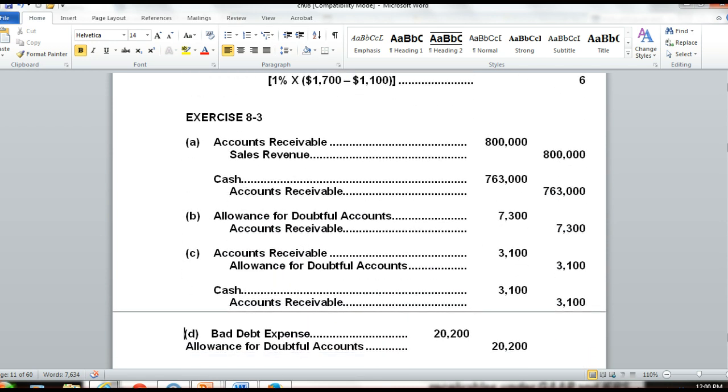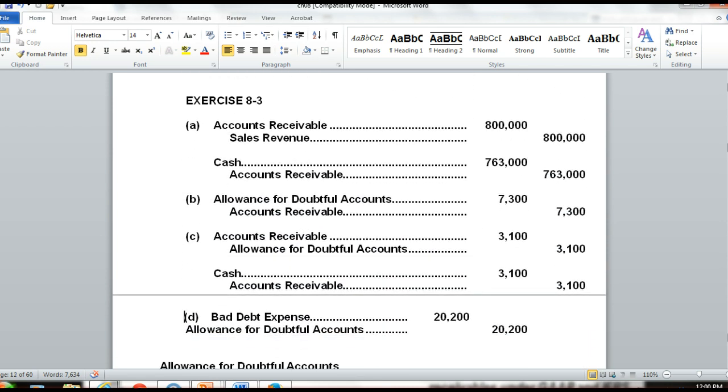As you see here, the first thing we'll do, the first journal entry is to record our sales. So we'll debit our accounts receivable for $800,000. We'll credit our sales revenue for $800,000.